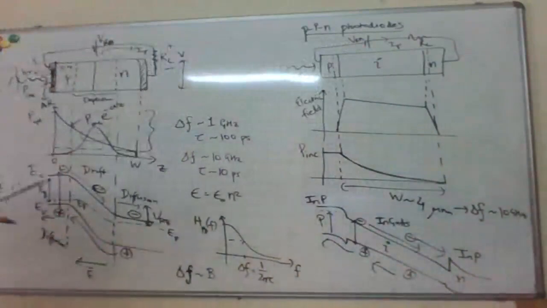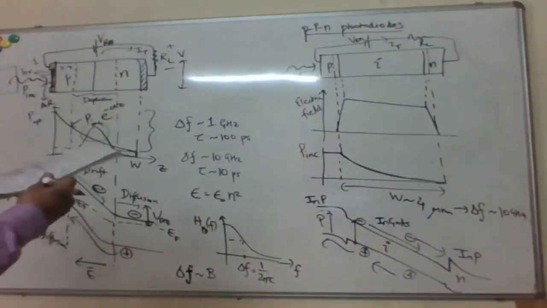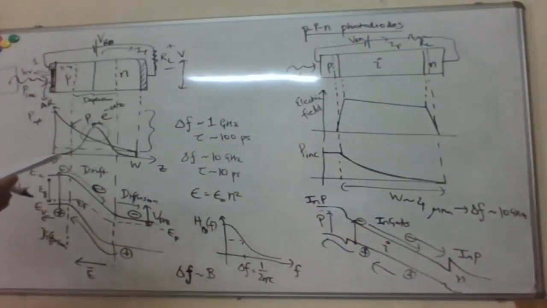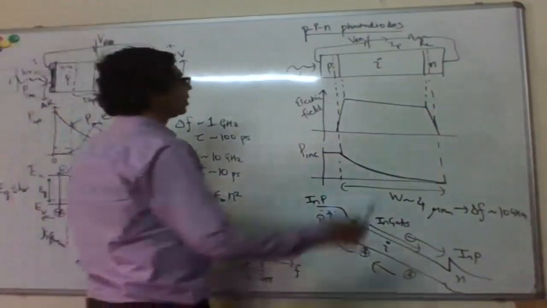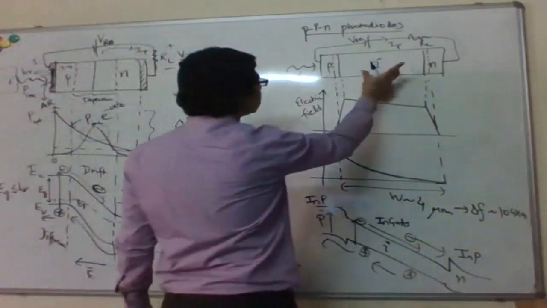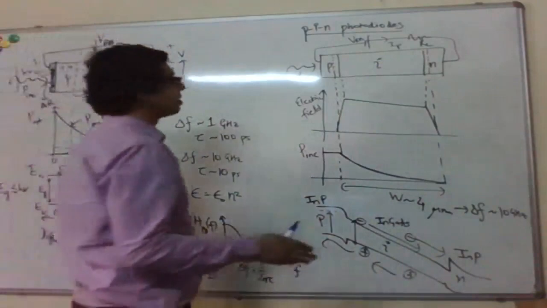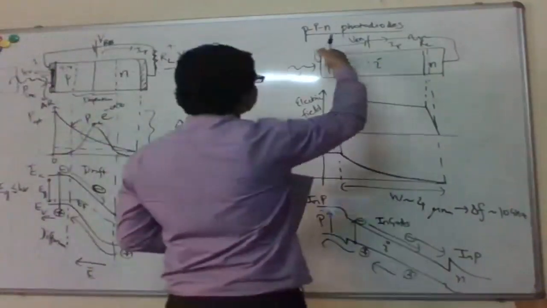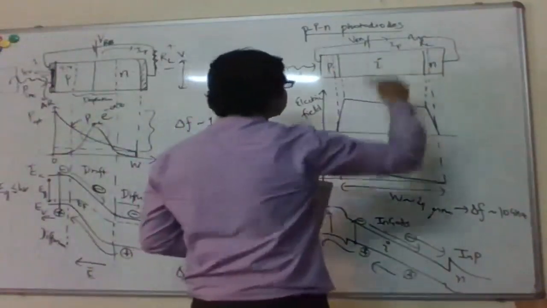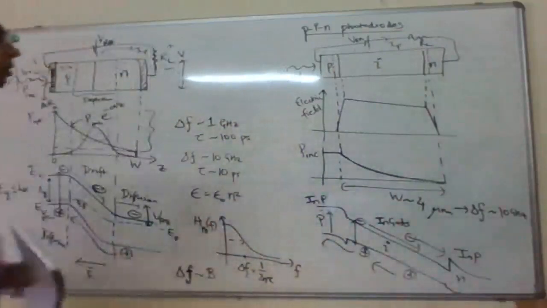Now you only have drift. Okay. You can try to play some more tricks like to enhance the light absorption, so make this even smaller, but still maintain the quantum efficiency by having some cavity kind of structure here so that the light bounces around a few times.